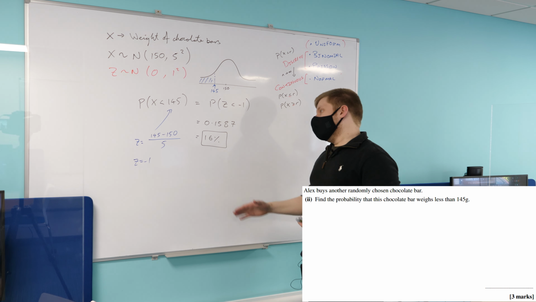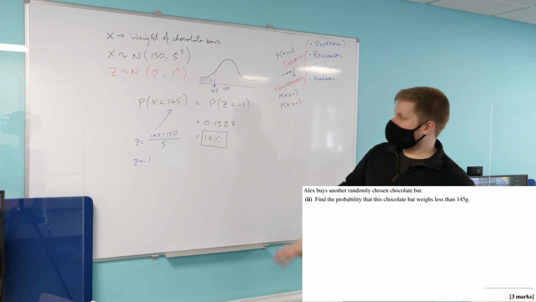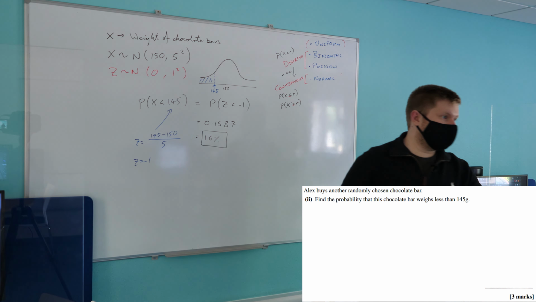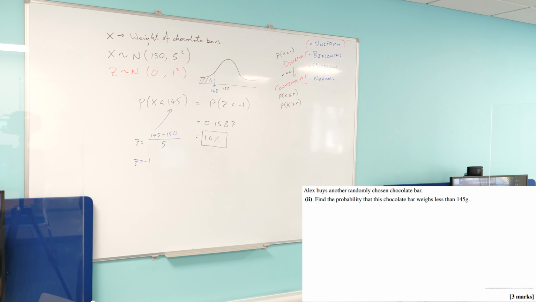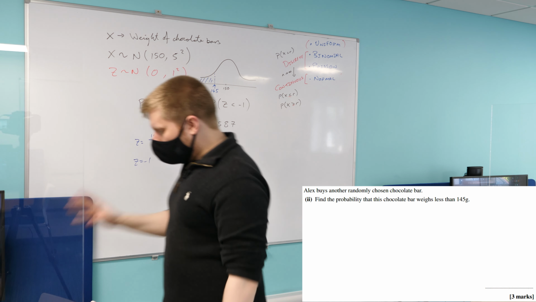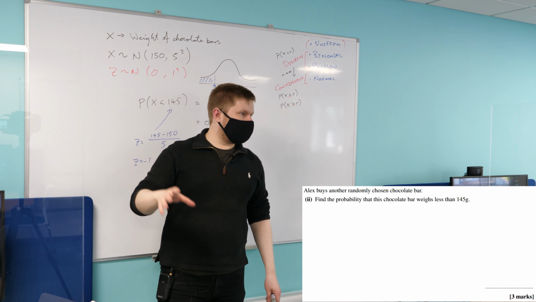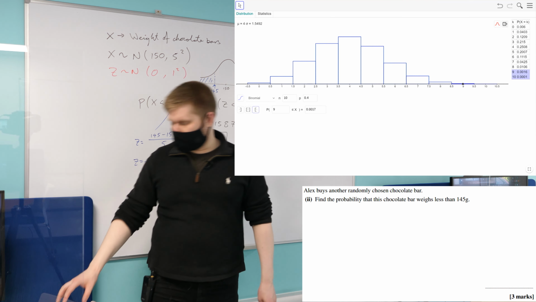Okay? Other thing to remember is I want you to lay your working out like this in the exam. Okay? So you have to lay your working out like this. You have to show the fact that you've standardized and that you've used the tables to figure out these probabilities. However, you also have access to your probability calculators. All right?